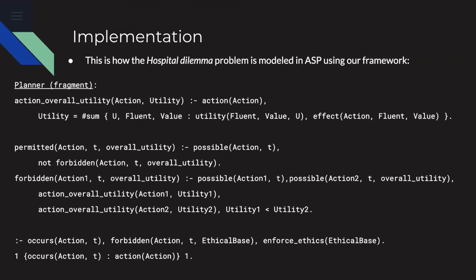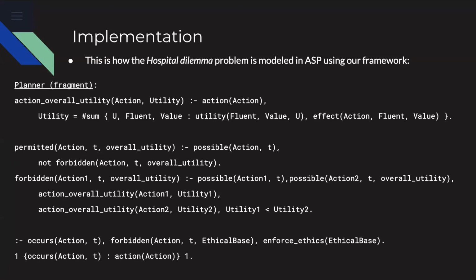So this is a fragment of the planner. Basically, using ASP, we were able to, for example, use this aggregate function that ASP provides in order to compare the different utilities of each plan, and then define the prerequisites of what is permitted or what is forbidden with respect to each possible normative ethics theory that we define.